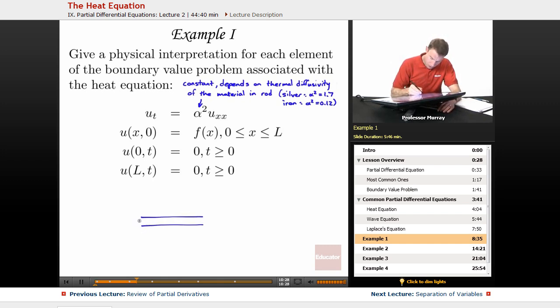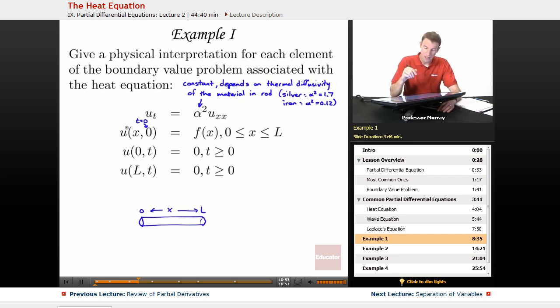Now let's look at these other conditions, the initial conditions and the boundary conditions. So let me draw a rod here. And you want to think of x going from 0 on the left-hand side to L on the right-hand side. Now, u of x, 0, that means we've plugged in 0 for t, is equal to f of x.